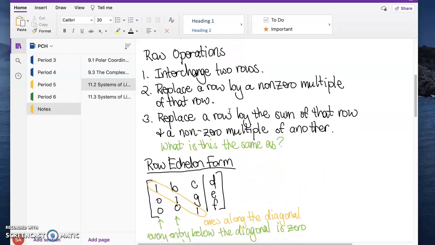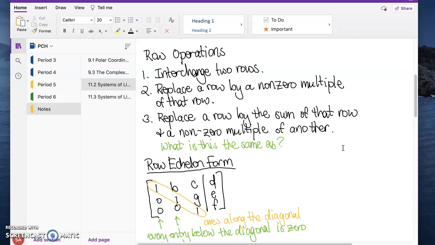So to solve systems using augmented matrices, we're going to use row operations. So we can interchange two rows. Basically, that's just like writing one equation on top of the other instead of vice versa. We can replace a row by a non-zero multiple of that row. So that's basically taking an equation and multiplying it by a number.